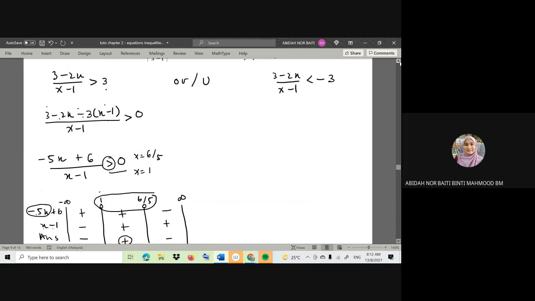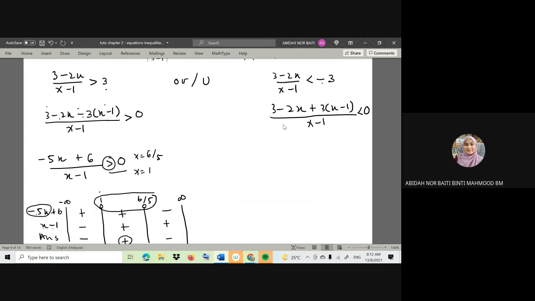Okay, the right side is the same. Rearrange and equalize the denominator. This negative becomes positive, 3x minus 1. Your denominator is x minus 1, less than 0. Then we simplify the numerator.